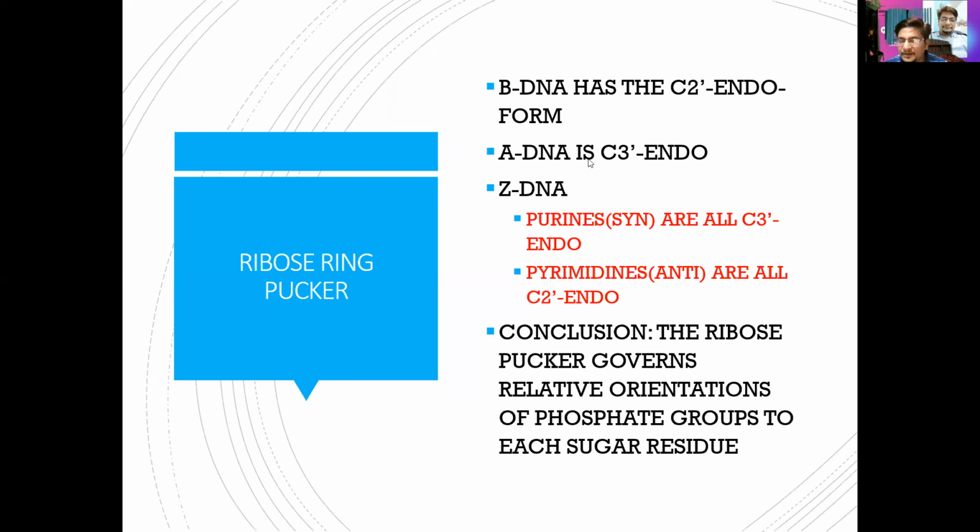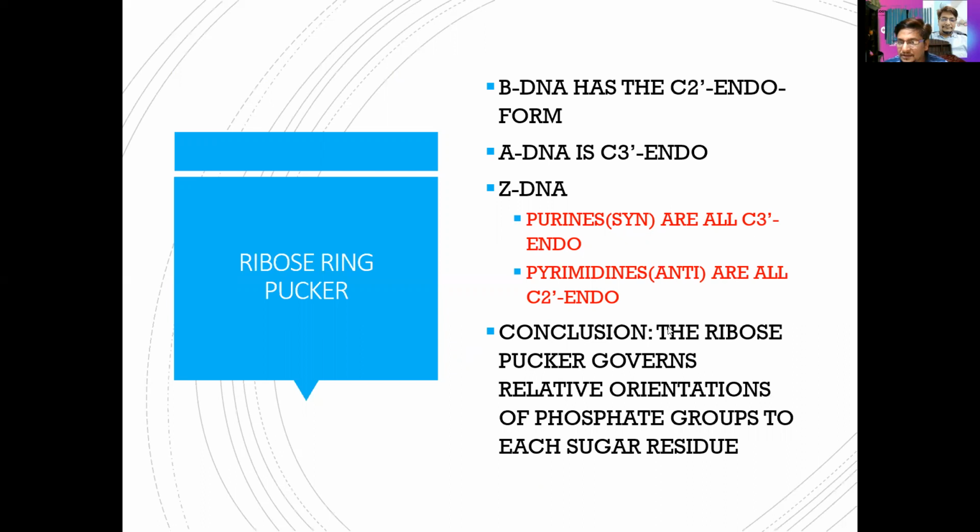Just now I showed you. Whereas in Z-DNA, all the purines are going to be in the syn form, and they have the C3 endo, whereas all the pyrimidines are going to be in the anti form, and then the C2 endo. You can easily make out that purine and pyrimidine will have different kinds of puckering in the ribose, deoxyribose rather.